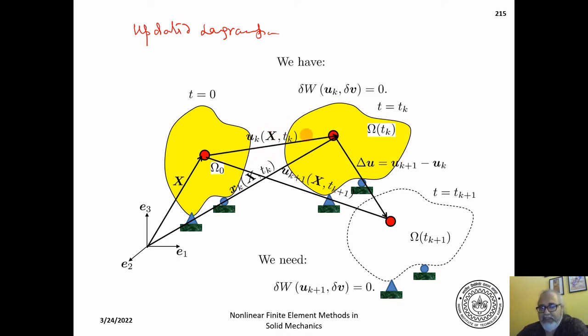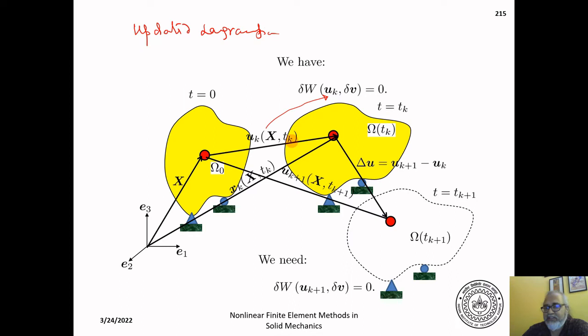So this uk is known for this configuration correctly, such that if I plug uk into the virtual work equation, then I will get del w equal to 0 for an arbitrary delta v. So this means this is the last converged configuration.